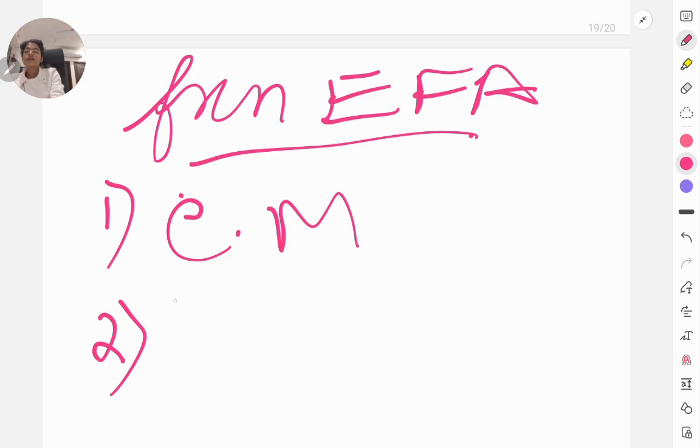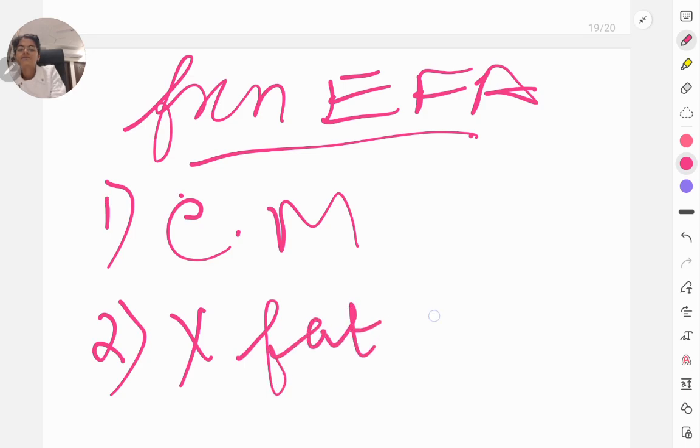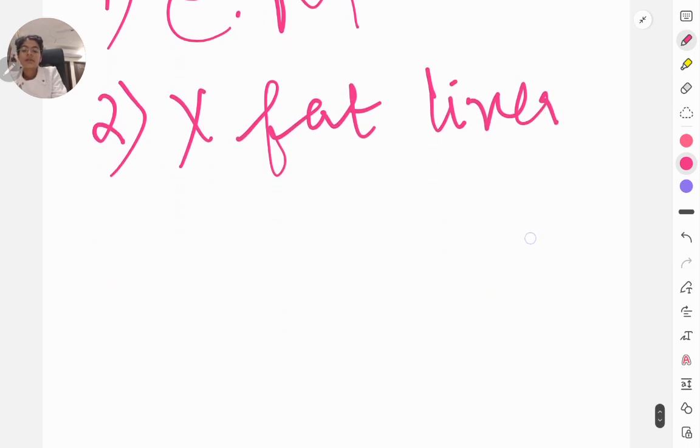Then it doesn't allow much fat to deposit in the liver. It prevents its accumulation. Thirdly, it helps in transport and utilization of cholesterol.